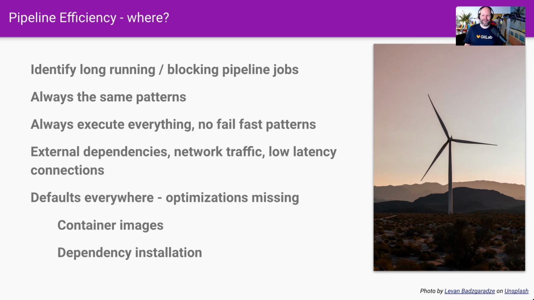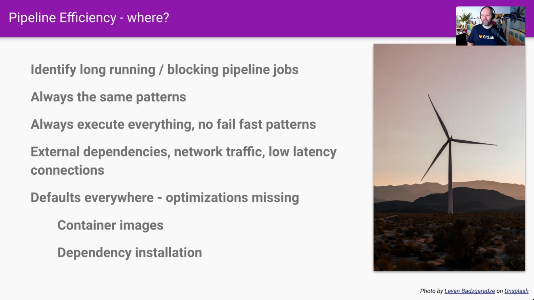It allows us to identify and see visually immediately what's going on in there. It's also like everything gets executed all the time. So the timeline is full and there is no breakpoint or something we call fail fast patterns in CI/CD pipelines. You don't need to wait until everything gets executed, just fail as soon as possible, save resources and tell the users that something is not working and they need to fix it.